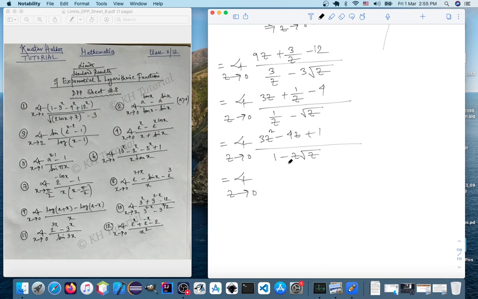If we factorize the numerator, we get 3z minus 1 times z minus 1. But this is not helping anyway.